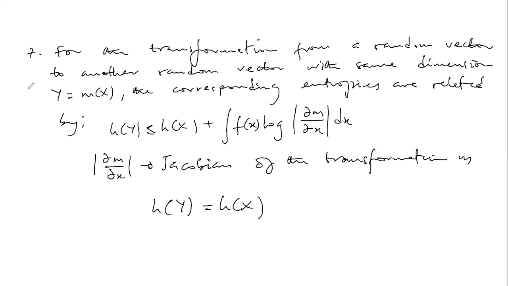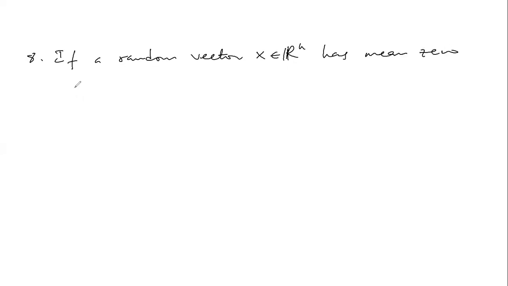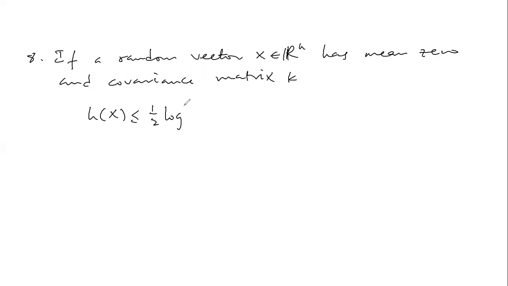And then one more property that we'll consider is that if a random vector X is an element in this real distribution, and it has a mean of 0 and a covariance matrix, say K, then the differential entropy of X is less than or equal to half log of the determinant.